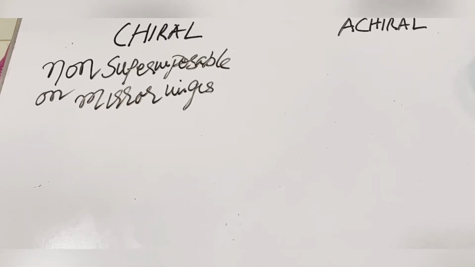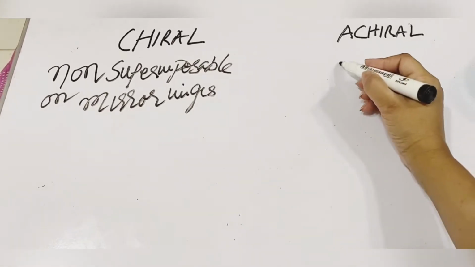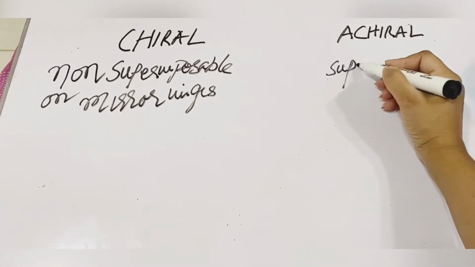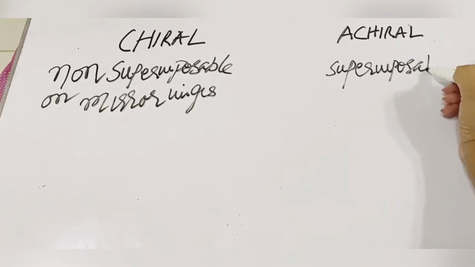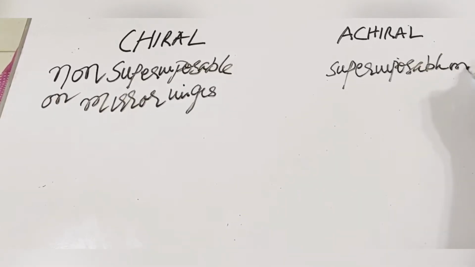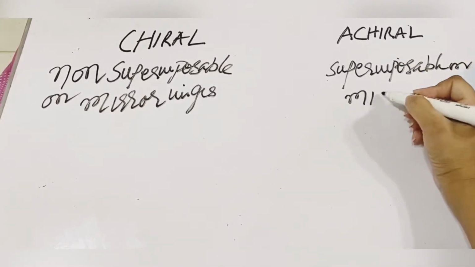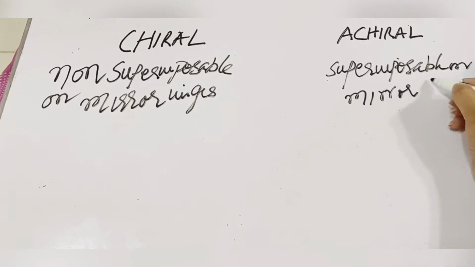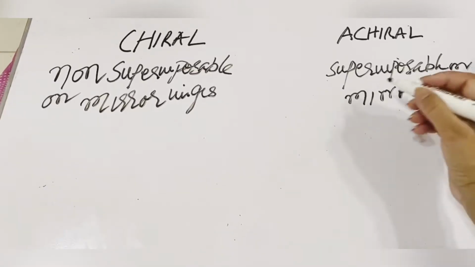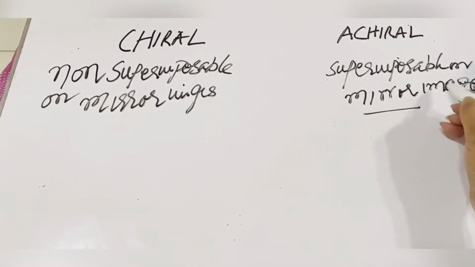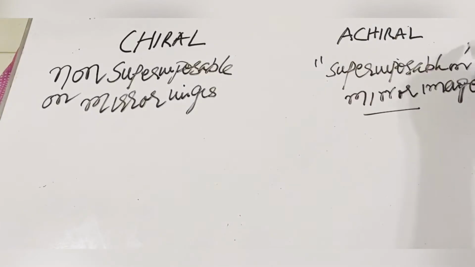Whereas achiral molecules are superimposable on their mirror image. There are many examples which I'm going to tell you.